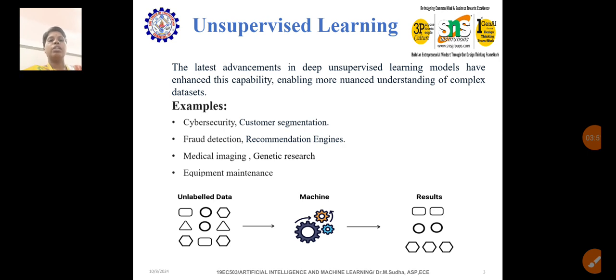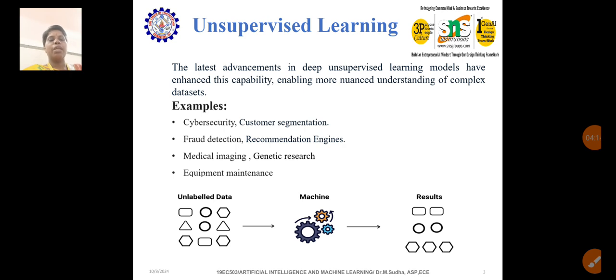For detailed analysis, kindly see this image. The unlabeled data is there, then the machine, and then the results. From the image we can see the unlabeled data has different shapes like rectangle, round, square, pentagon, hexagon and triangle.